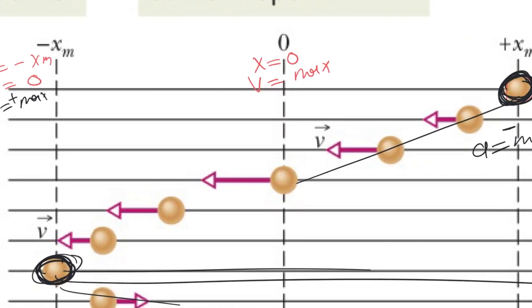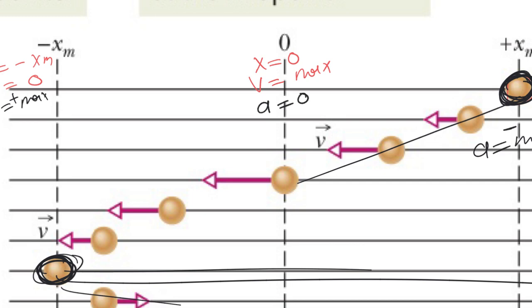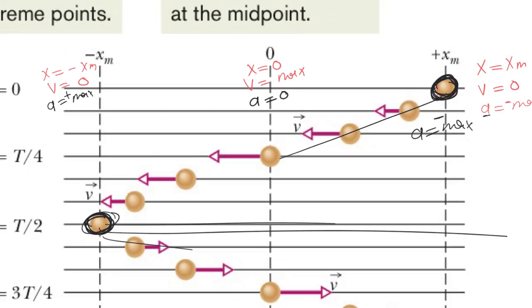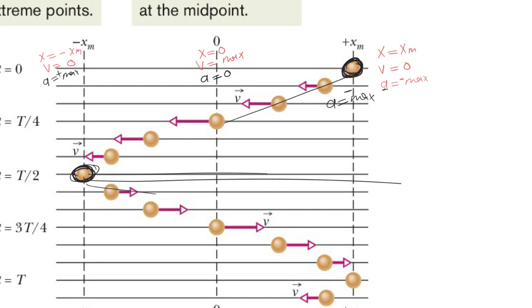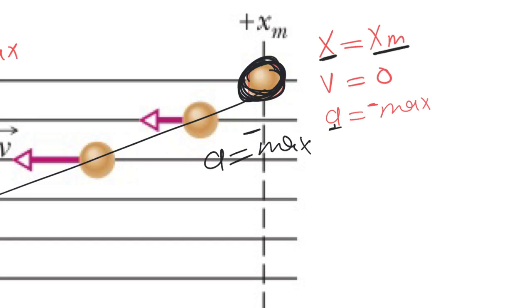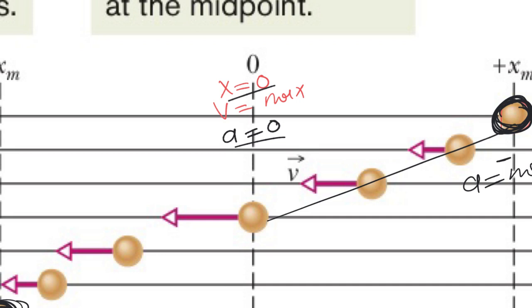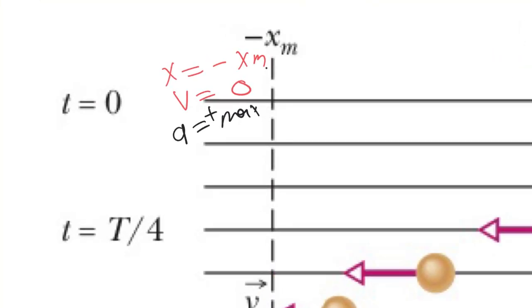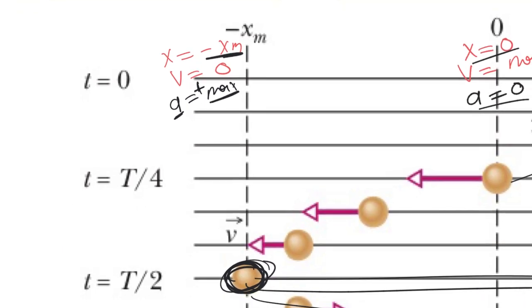And at the midpoint, the acceleration is 0. So as you see, the acceleration in simple harmonic motion follows the position but inverse in sign. Here x is maximum positive, the acceleration is maximum but negative. Here both are 0, and here the position is minus xm and the acceleration is a positive maximum value.